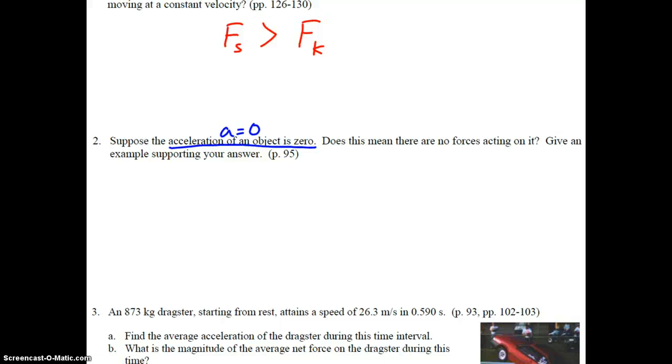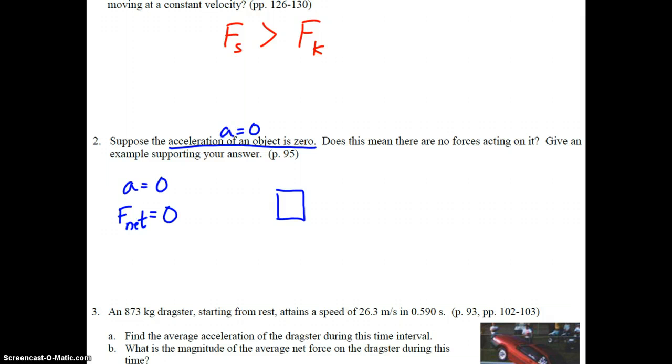All this means to have an acceleration of 0, I'll just use this box here as our object, is that the net force is 0. So if A equals 0, F net also equals 0. That's the net force. That doesn't mean there aren't forces acting on the object.